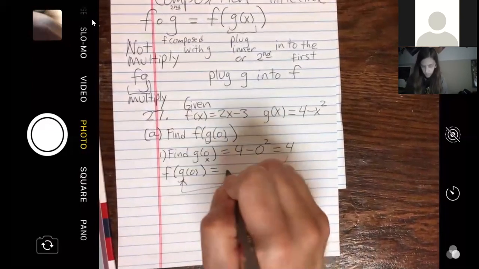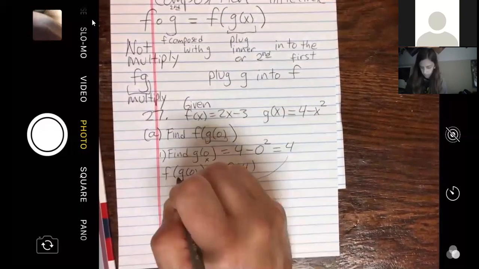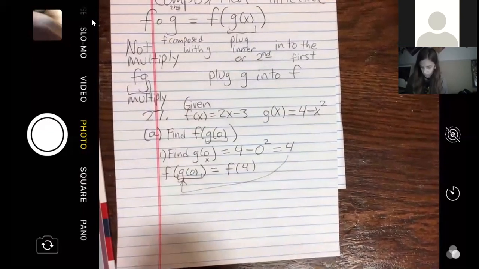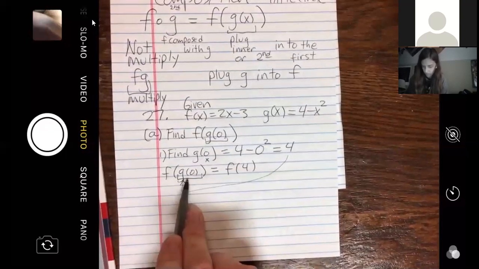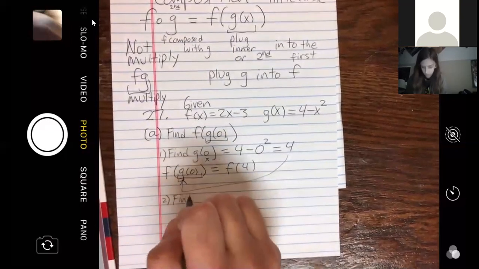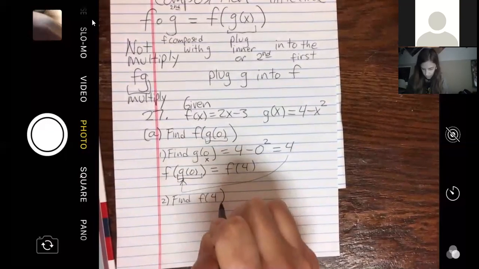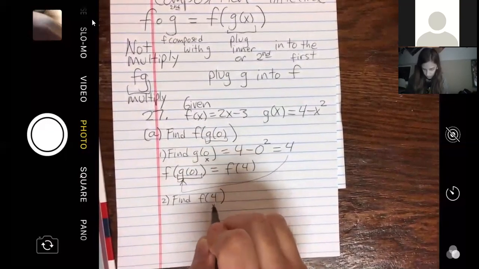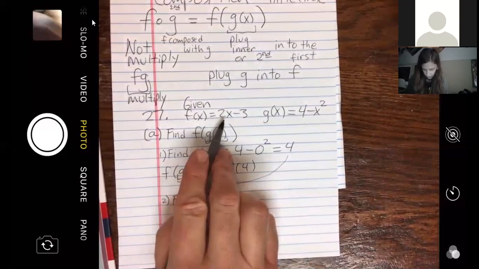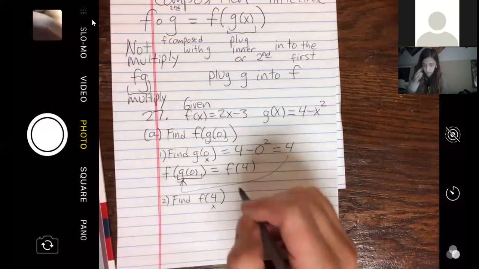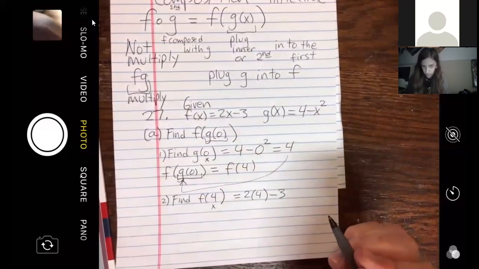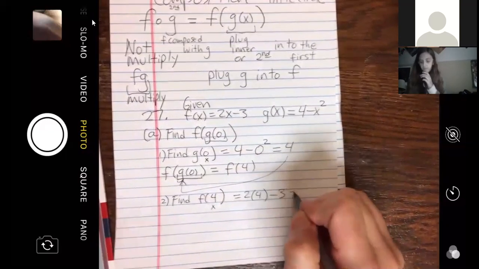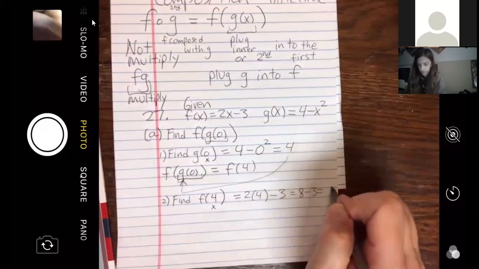So in effect, I'm finding f of 4. It goes for this entire thing. So step 2, if you want to call it, is find f of 4. That means plug 4 in for x into the f. That'll come up 2 times 4, subtract 3. That's 8 minus 3, which is 5.